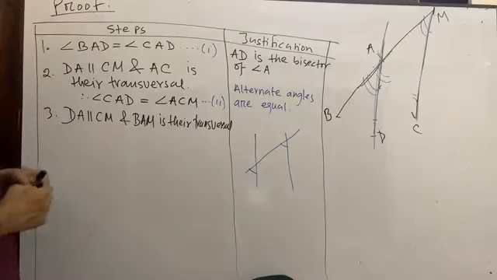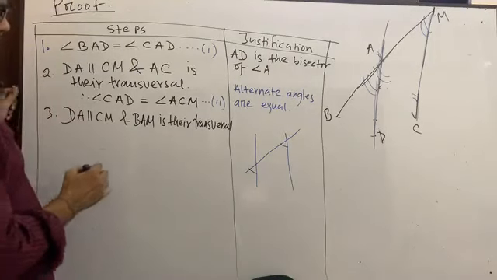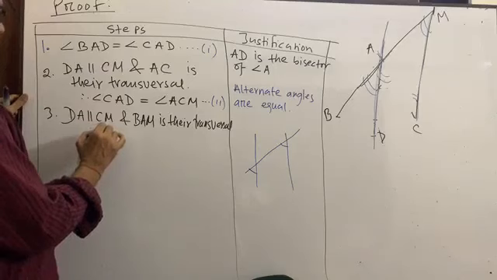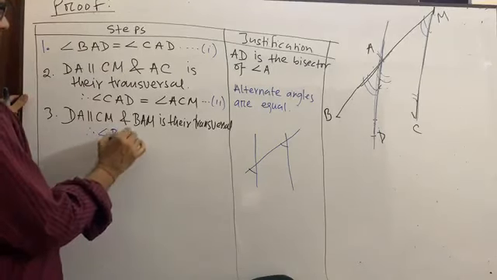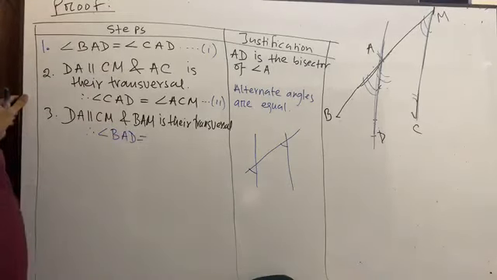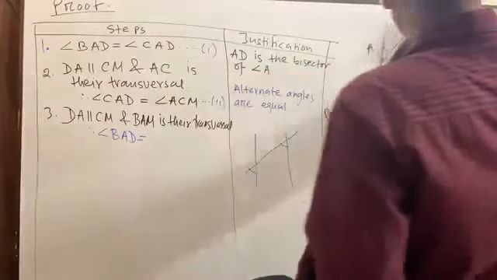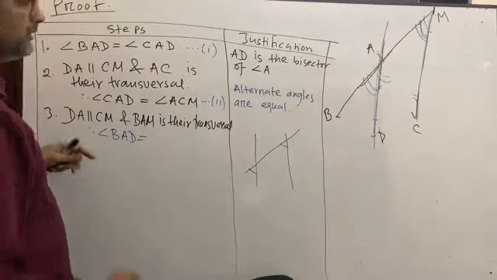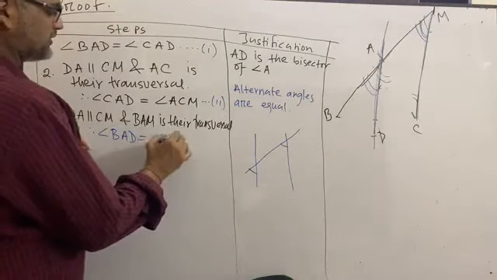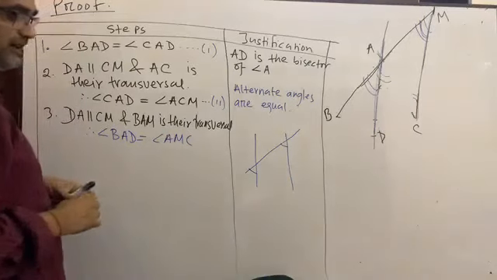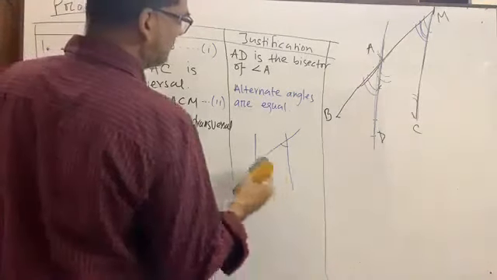Then we can write, therefore, angle BAD is equal to, what is the angle here? It is known as angle AMC. Write down angle AMC.